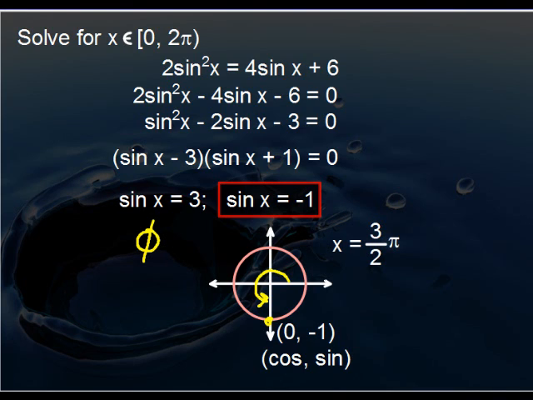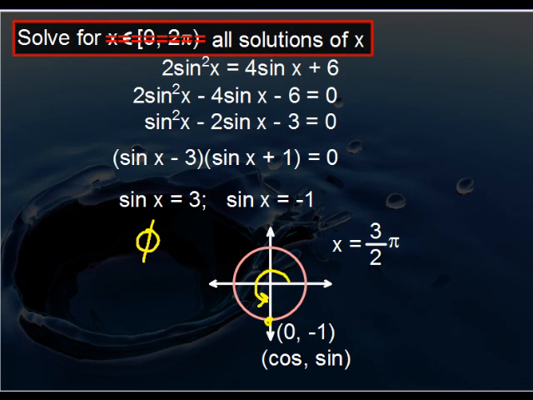And that's really it. Now, a word of note. What if the question called for all solutions of x? Well, if that was the case, then we would have to account for it not just being here at 270, but also the possibility that we would keep going around again, another 360 degrees, or 2 pi, then around again, and so on and so forth.